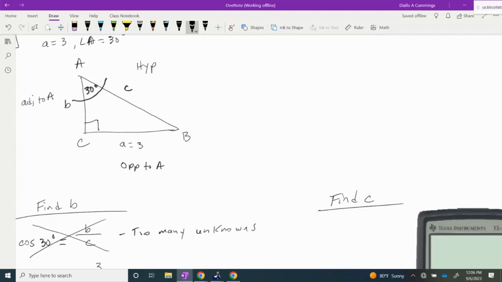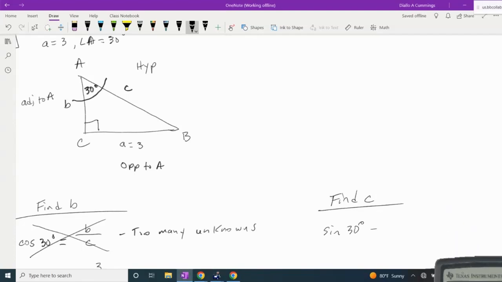So I'm going to use a sine function to find C. So the sine of 30 degrees is equal to the opposite, which is 3, divided by the hypotenuse, which is C, that's unknown.